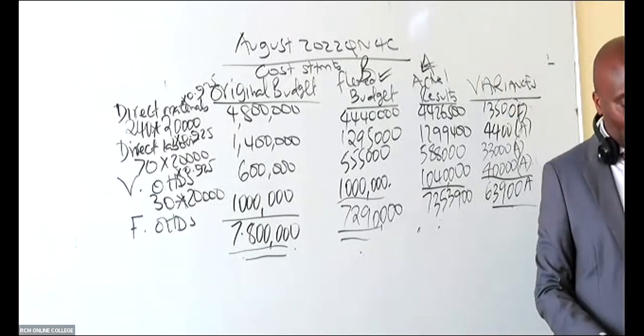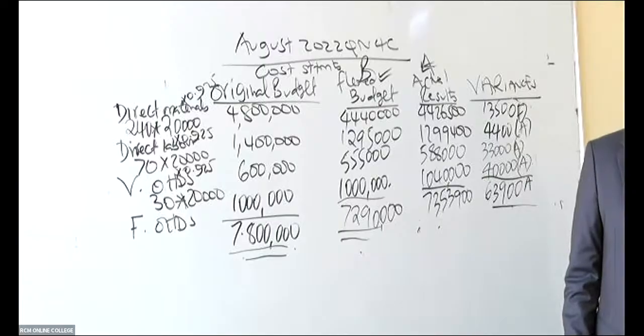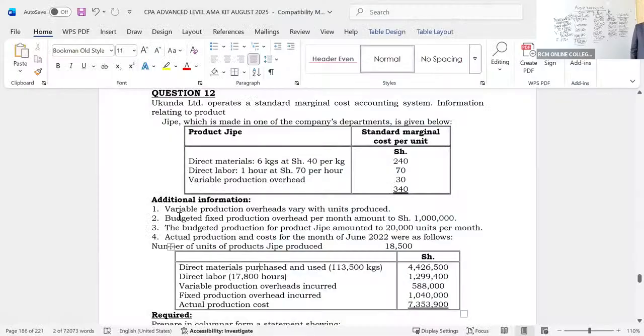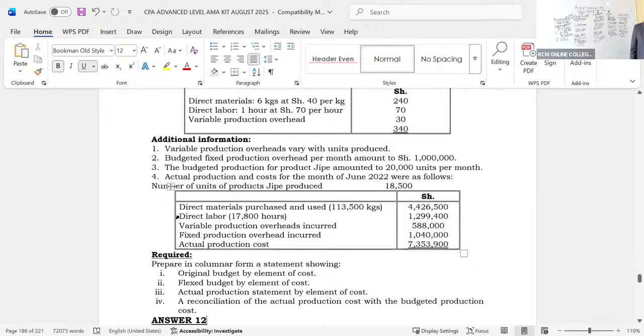So let's read the question. We get to see what this examiner wants us to calculate. Roman 1 is already done. Now we look at Roman 2, flexed budget, that is already done. Roman 3 is already done.